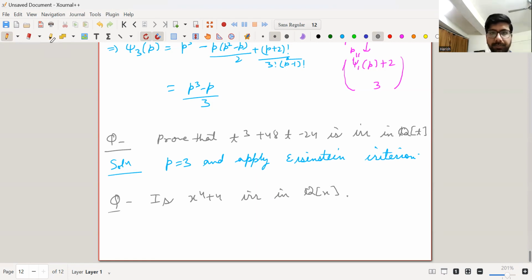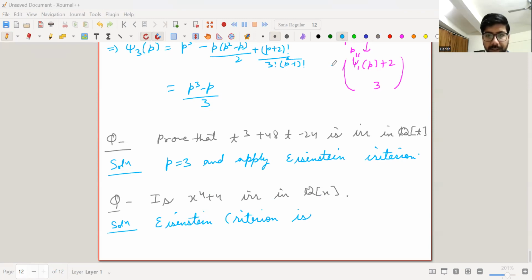Okay, so you can see that the Eisenstein criteria is not satisfied. No, Vivek, it is not satisfied, and that's what I'm going to tell.